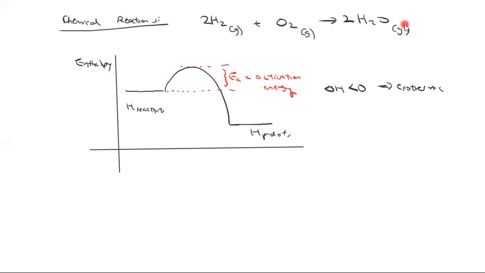It might be a little bit, it might be a lot, but it's like a get-things-going fee, right? You get this activation energy happening, and then the reaction can happen.